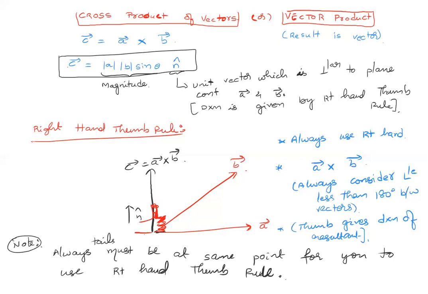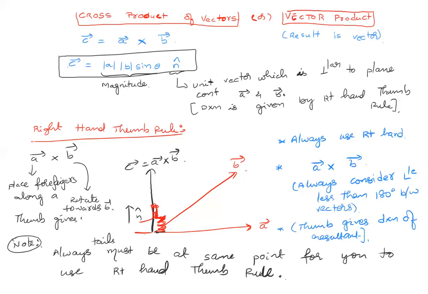If you are doing A bar cross B bar, place four fingers along A, rotate four fingers towards B, and the thumb gives the direction of the resultant.